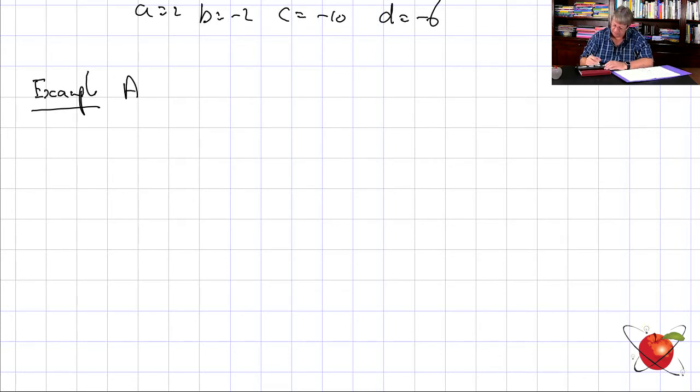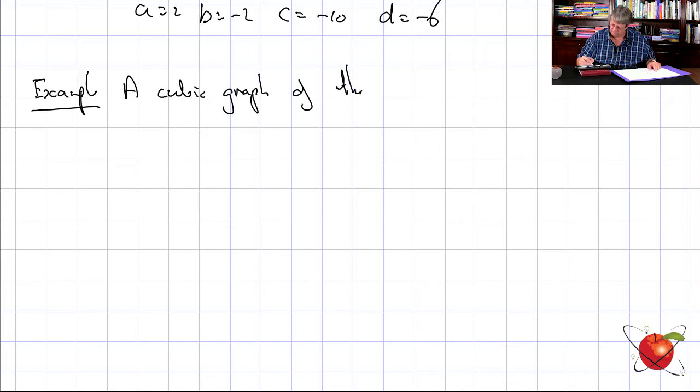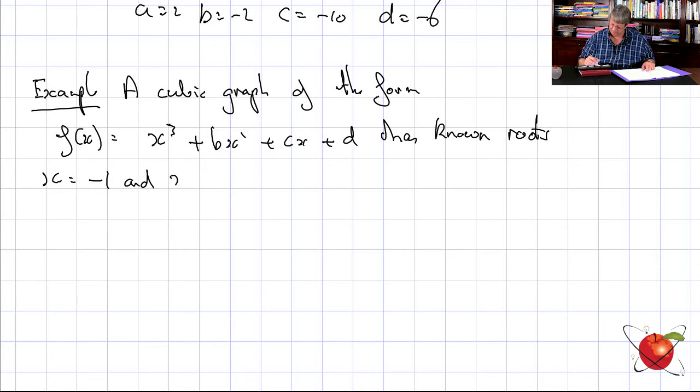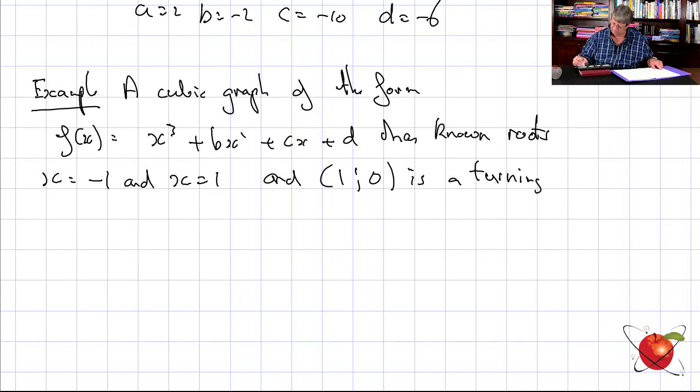A cubic graph of the form f of x equals x cubed plus bx squared plus cx plus d has known roots x equals minus 1, x equals 1, and 1, 0 is a turning point. Calculate B, C, D.